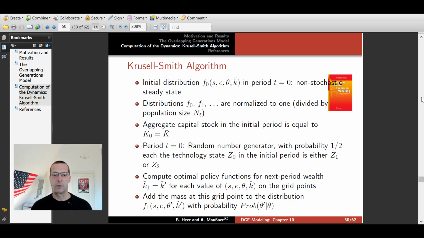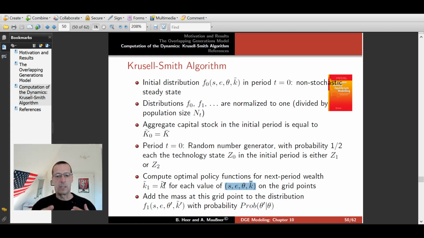And we have computed the optimal policy function, and now we start for each measure of a household with characteristics s, e, theta, and k. We compute his next period capital stock, take his mass in period 0, and allocate it to the mass in the measure in period 1 with the capital stock k prime. And we do this for all grid points in period 0 and add them to the measures in period 1.